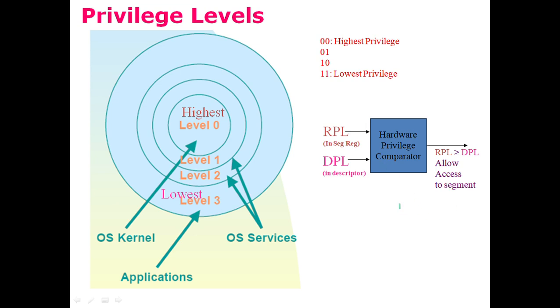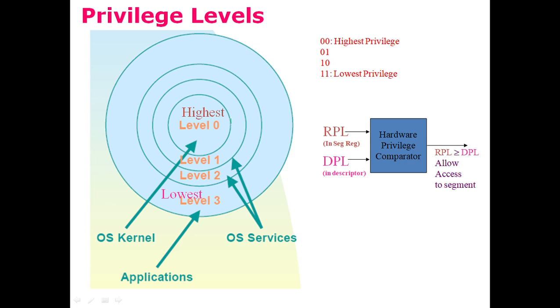So there is a hardware privilege comparator that would compare these two privilege levels, and remember that privilege level 00 is the highest privilege level, 01 is the next higher, and 11 is the lowest privilege level. This hardware privilege comparator would implement this condition: if the request privilege level is equal to or higher than the descriptor privilege level, then the access is allowed, otherwise it is stopped.